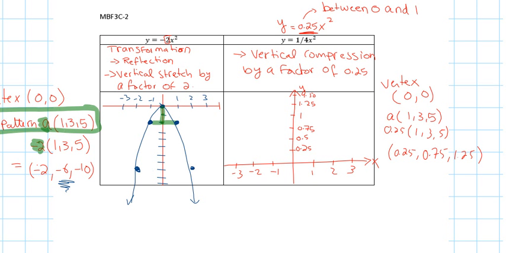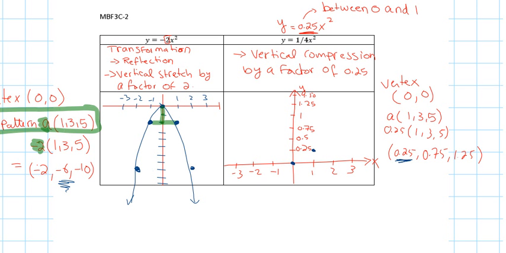My vertex is at 0, 0, so I'm going to place my vertex first. And then my step pattern says I'm going to go up by 0.25 over by 1, always. So I go up by 0.25 over by 1, and I can locate my point. Do we understand that? Then my next step, how much do I need to go up by? 0.75.